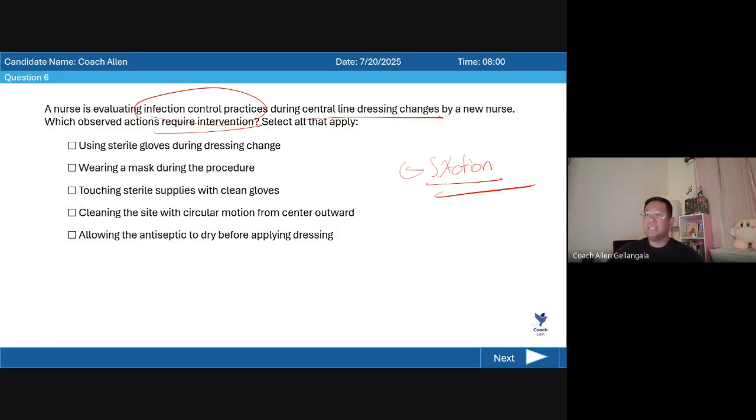So one of the biggest things when you have central lines, PICC lines, CVC, central venous catheters, or permanent lines, as well as hemodialysis fistulas, is that it is exposing the direct bloodstream.